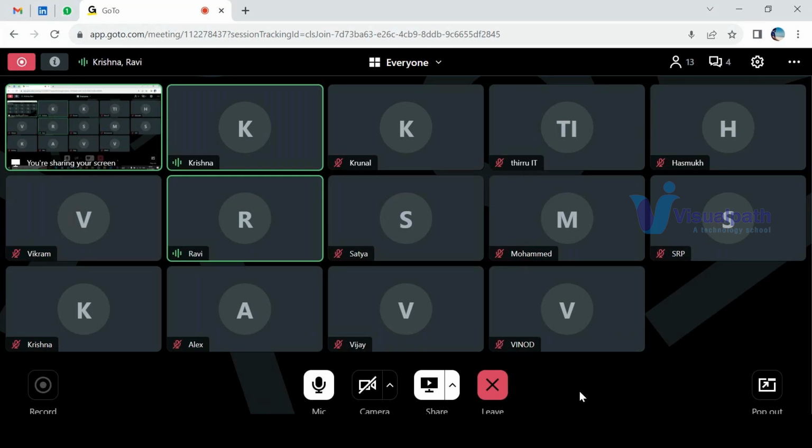Okay. In that case, we have the option of inventory journals.